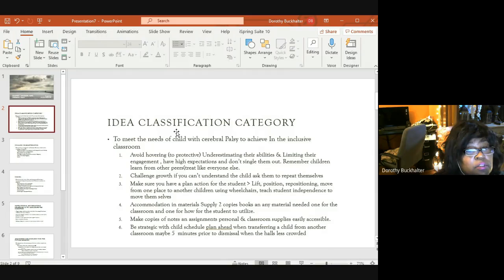Accommodation, materials, and supplies. Books and class materials, of course, you want to make accessible for that child to utilize, and make sure that you have notes and copies of assignments, and that it is easily accessible.